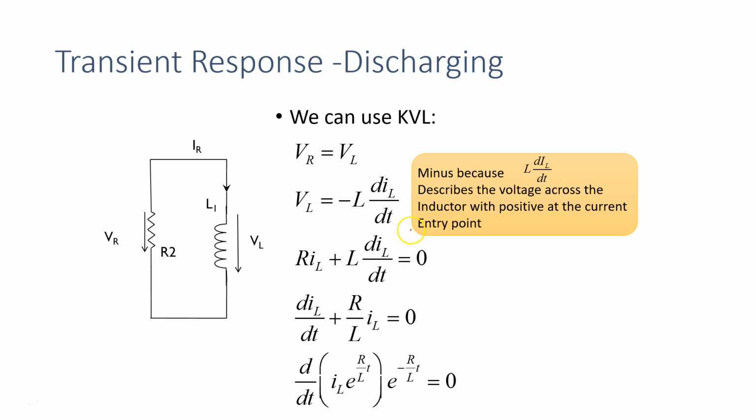Notice, of course, here we write a minus sign, minus L di/dt, because the voltage across it for positive should be opposite to the direction of the current. So that's why we have a minus sign here.